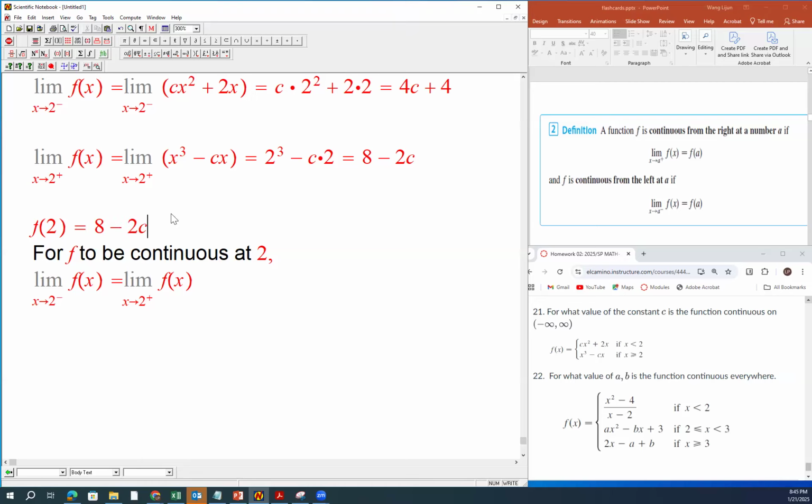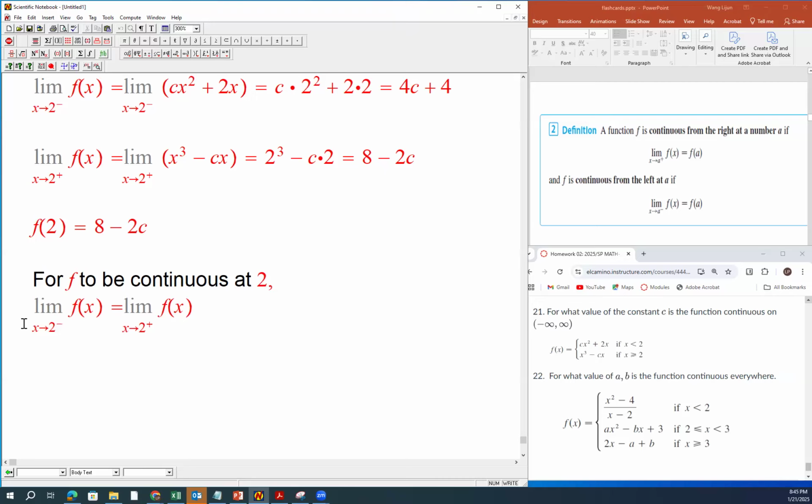All we have to do is guarantee the left limit equals the right limit. That is, 4c plus 4 equals 8 minus 2c. So we're solving for c.